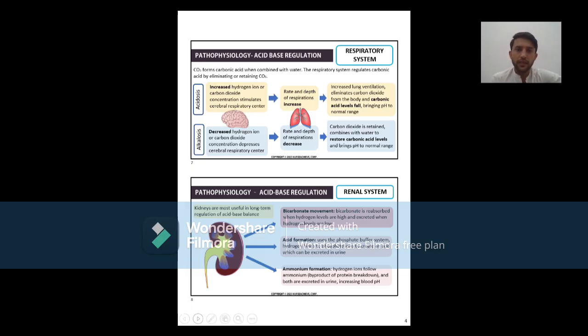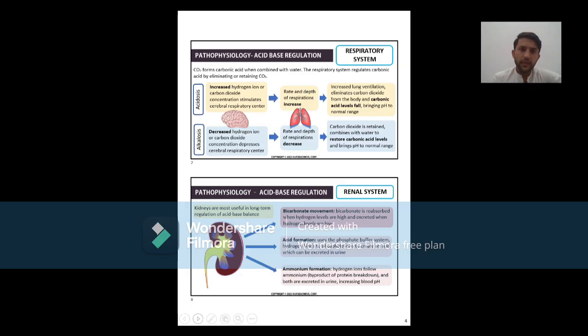In acidic conditions, mostly in respiratory conditions, the CO2 will increase. But in a compensatory mechanism, CO2 also helps to neutralize the base level.